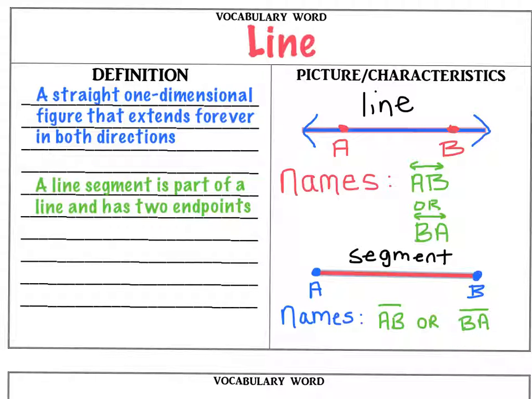So we can go A to B or B to A. And notice that the little symbol above it doesn't have the arrows on it. That's how we know the difference between a line segment and a line. So get used to that notation. This is how we name lines and line segments. Okay, so pause the video and make sure you write all this down.